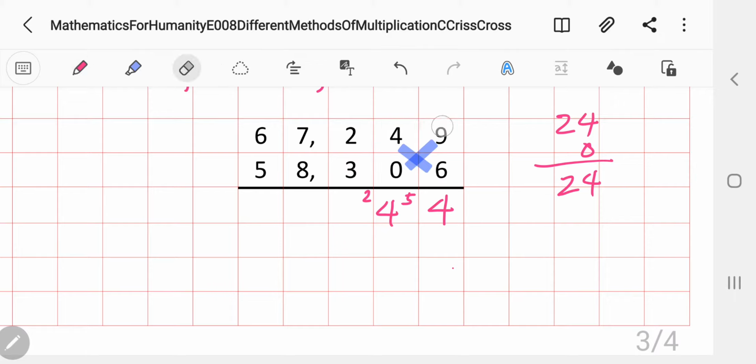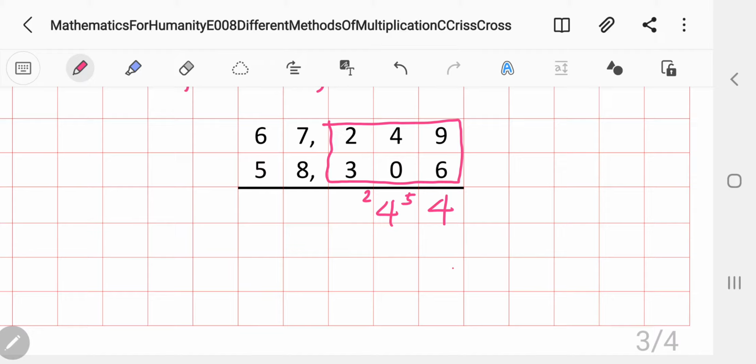So again, we increase the enclosed columns. So we increase the enclosure to 3 columns, and then we crisscross. 2 times 6 would be 12, and then 3 times 9 would be 27, and then 4 times 0 would be 0.